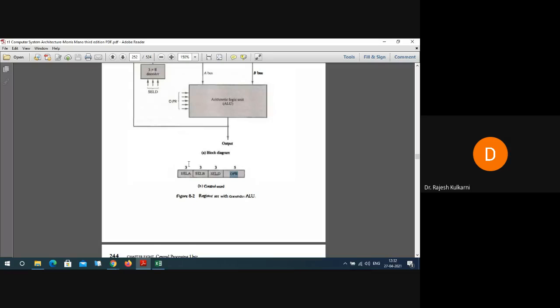So total, if you take 3 plus 3 plus 3, 9, 9 plus 5, 14. So 14 bits, the status of the 14 bits will indicate what register we are using for multiplexer A, what register we are using for multiplexer B, what register we are using for output, what operation we are performing within the arithmetic logic unit.